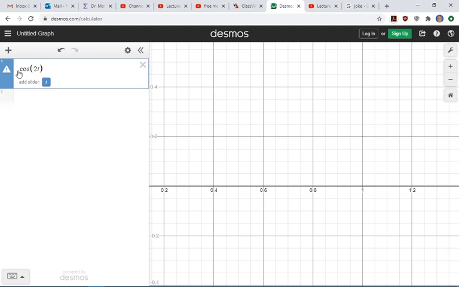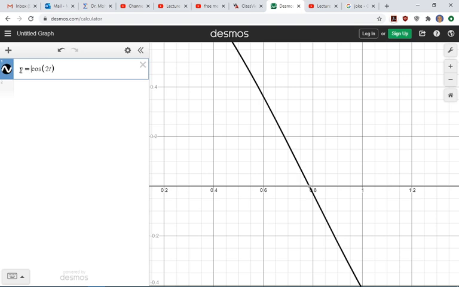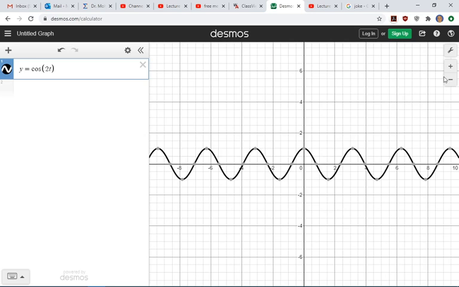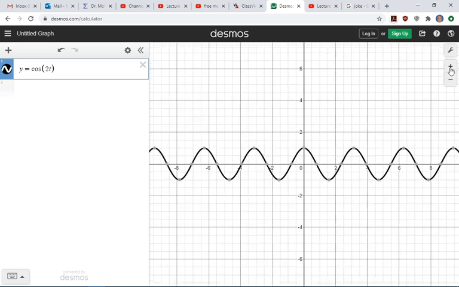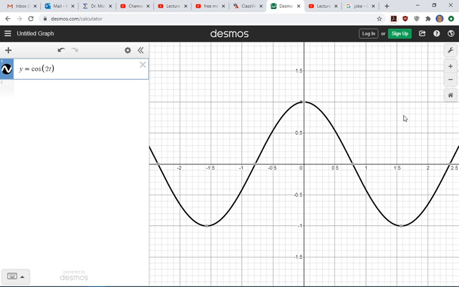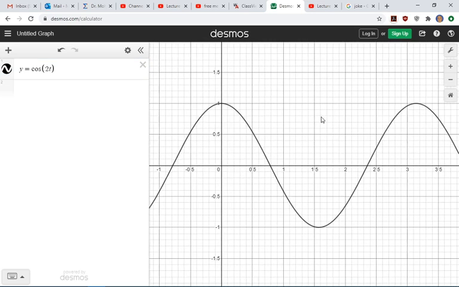Let's write this as y equals cosine of 2t. I was zoomed out, so the picture looked funny. So this is the cosine.